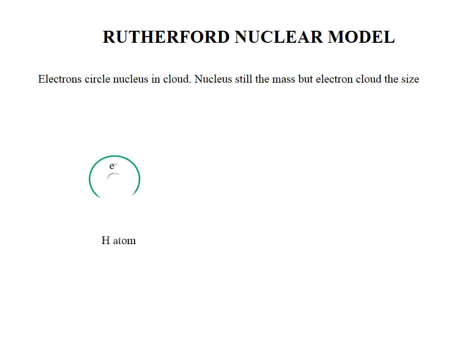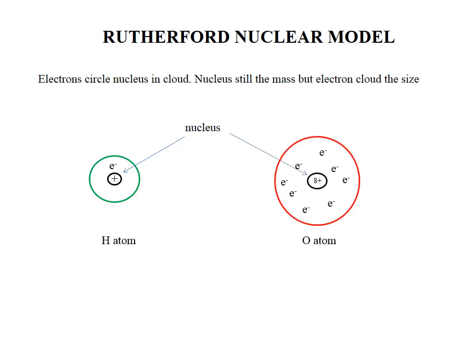And so here's our hydrogen atom, there's the nucleus right in the middle of it, and then the electron is somewhere in this area here. And then again the oxygen atom, there's the nucleus of the oxygen atom, and it's got the electrons going around in the cloud outside it. So the mass is the nucleus, the size of the atom is defined by the electron cloud.